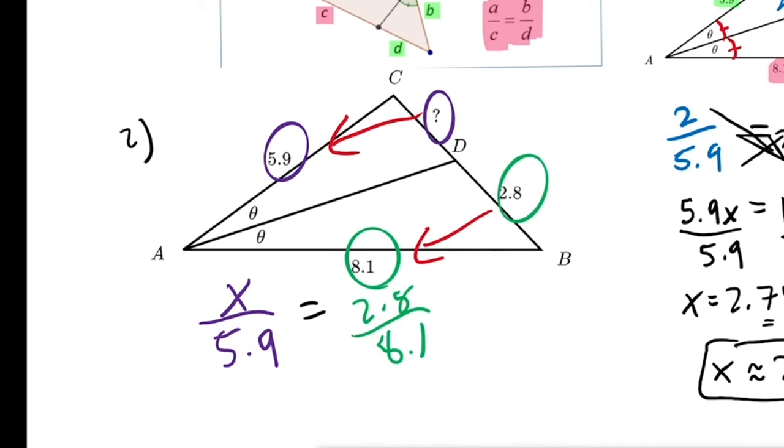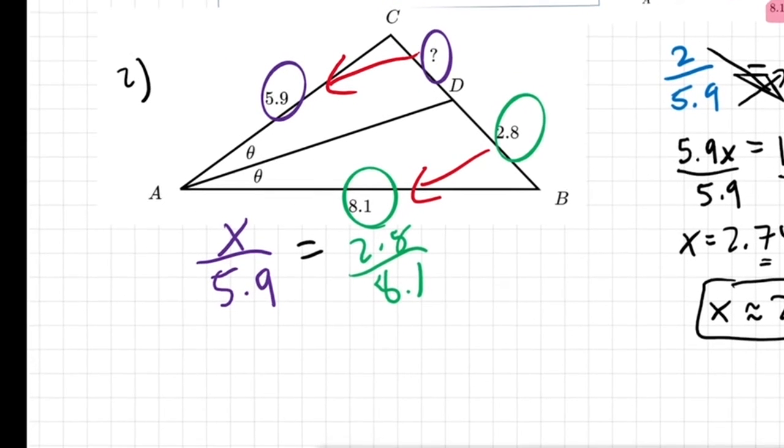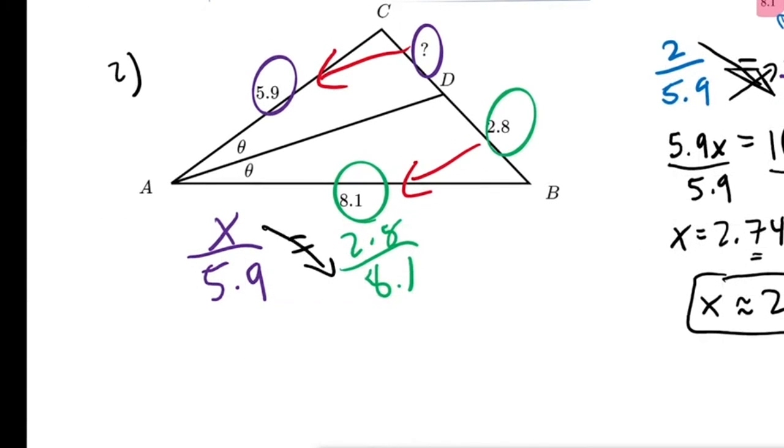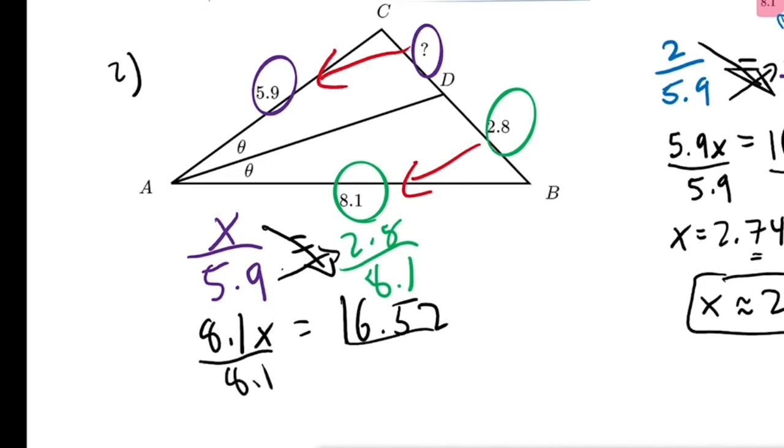Now we're back to cross multiplying. Let's see. 8.1x equals 5.9 times 2.8. Let's see, 5.9 times 2.8 is 16.52. Divide both sides by 8.1. We're going to get a little bit more than 2.